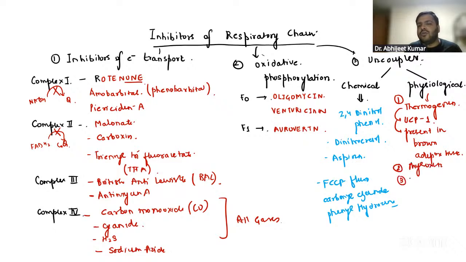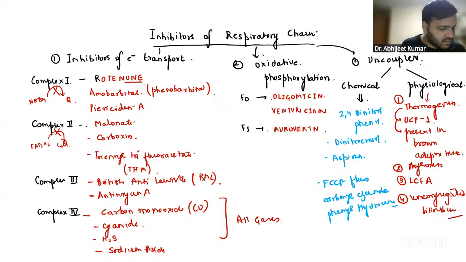We have long chain fatty acids, and we have unconjugated bilirubin as well. So that was regarding the inhibitors of the respiratory chain.